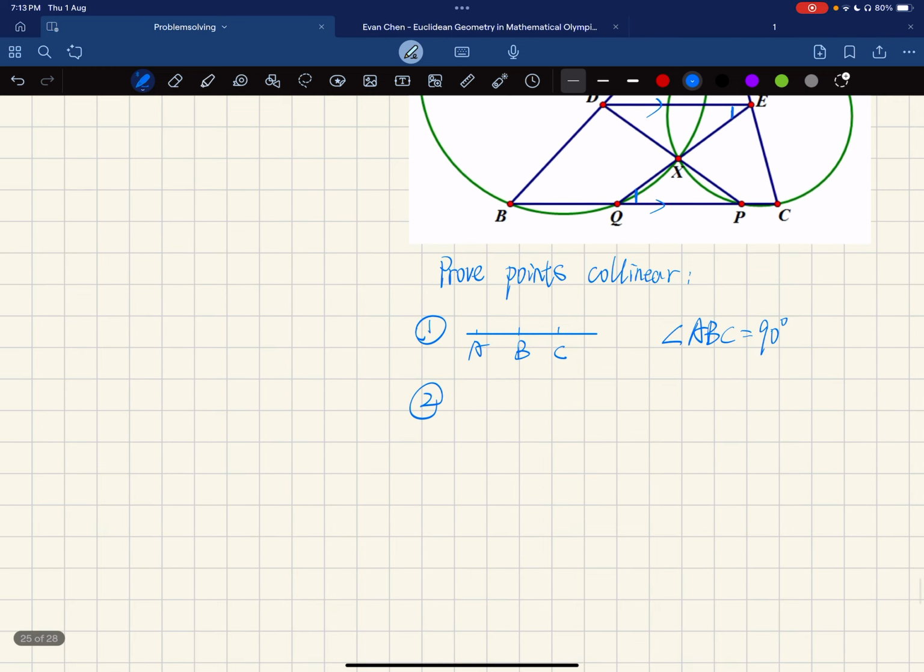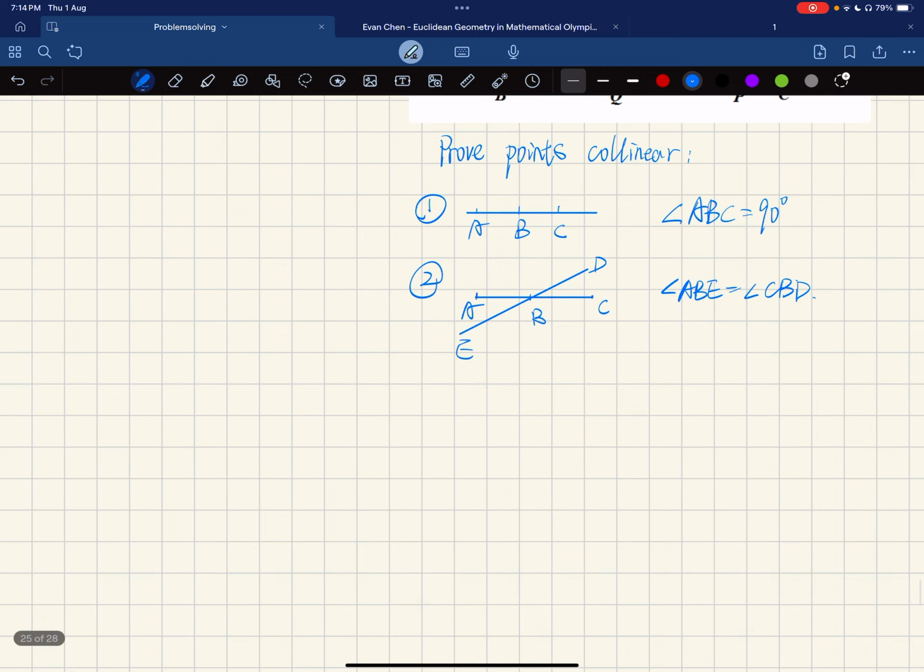And the second method, if we have collinear points A, B, C, and we have D and E, like here, we want to prove that angle ABE equals angle CBD.